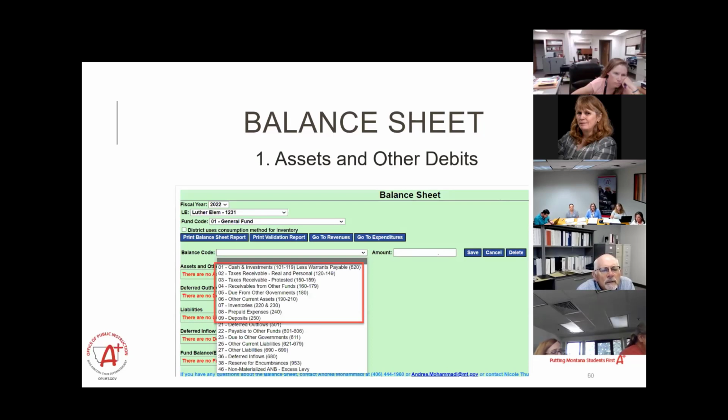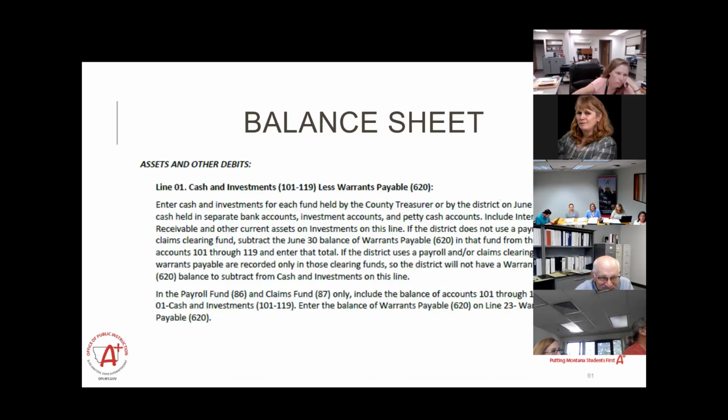In the red square there, those are assets and other debits composed of those. Also, in your balance sheet instructions, it goes through and explains what those are comprised of.